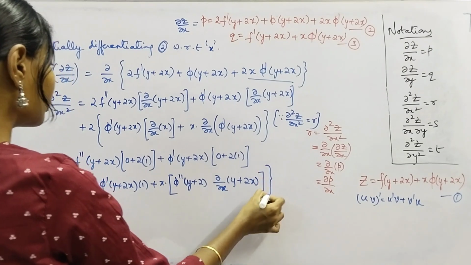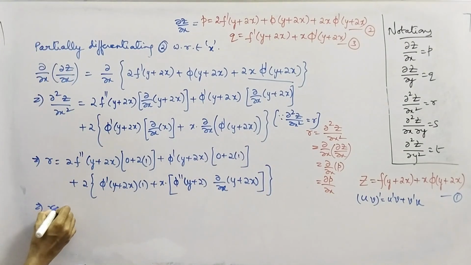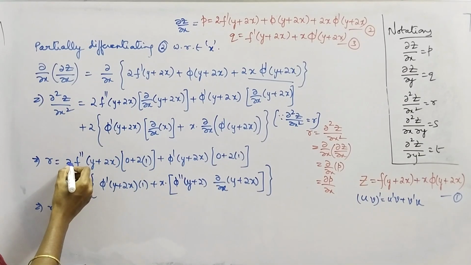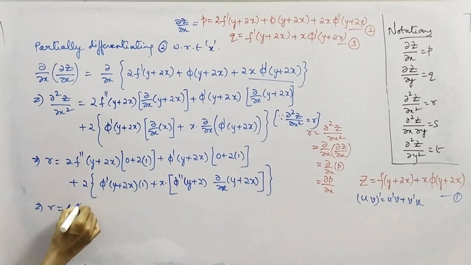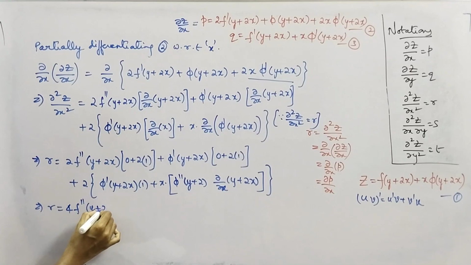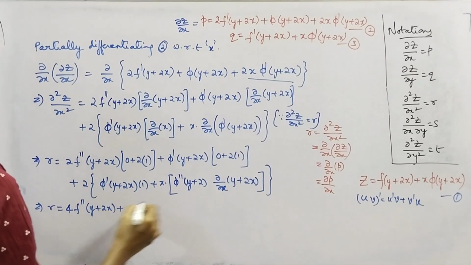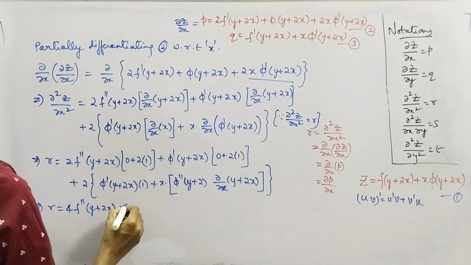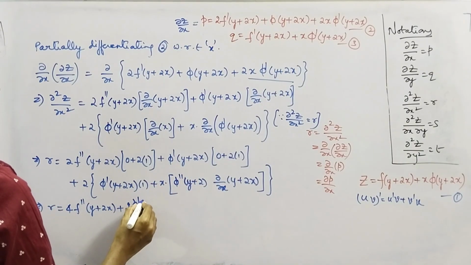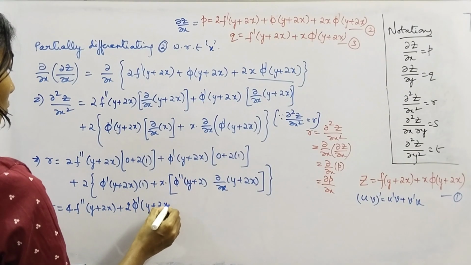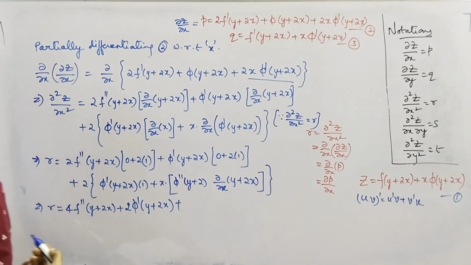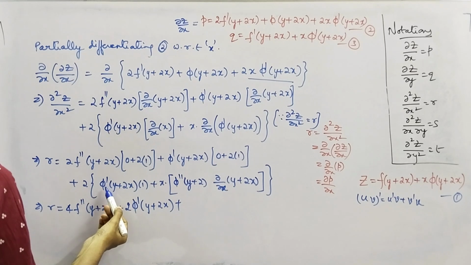This gives us r equal to 2 into (2 plus 0), 2 into 2, 4. You'll get 4 f double dash of y plus 2x plus 2 into (1 times 0 plus 2), 2 phi dash of y plus 2x, plus 2 into phi dash is 2 phi dash. Okay, 1 into phi dash is phi dash and 2 into phi dash is 2 phi dash.